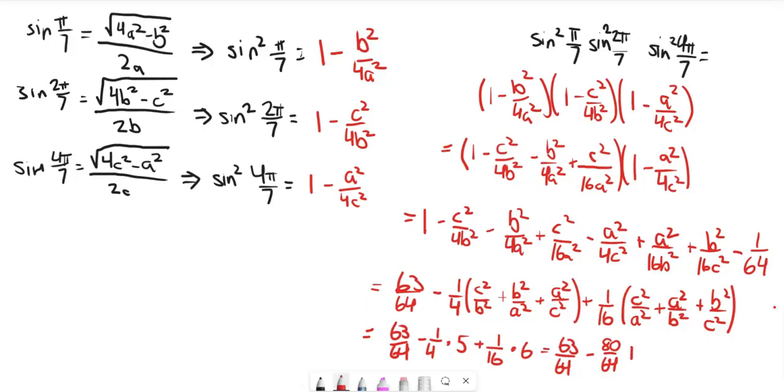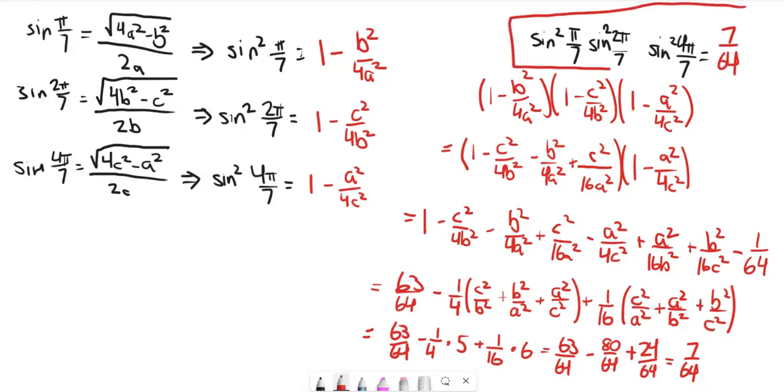And then, of course, we got the 6 over 16. Multiply that by 4, we get 24 over 64, and that works out to be 7 over 64. So this is the squared version of it. Sine squared of pi over 7 times sine squared of 2 pi over 7 times sine squared of 4 pi over 7 will equal 7 over 64.